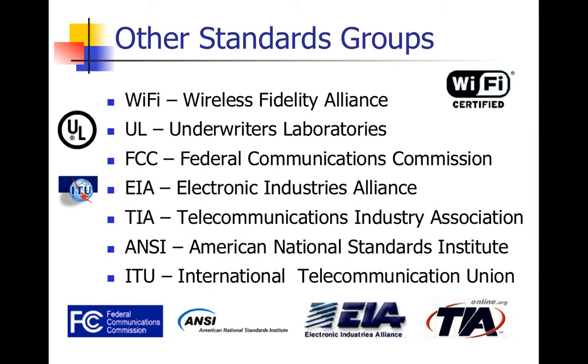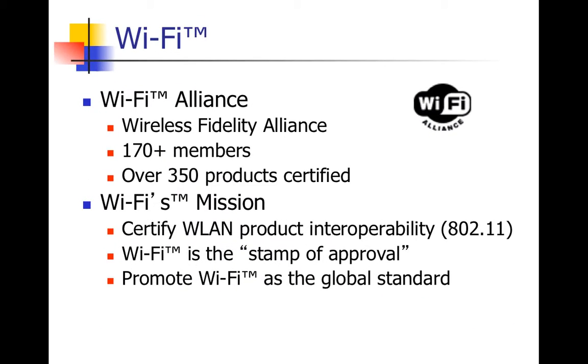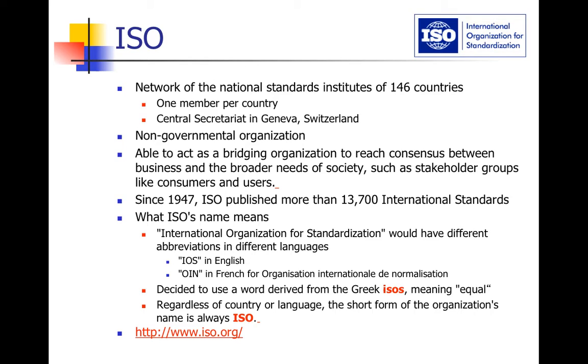There are other standard groups out there: Wi-Fi, UL, FCC, all these other standards that we will actually run into as we talk about different standards. This is probably the most common one. We are only interested in whether we have Wi-Fi or not, right? But this is what makes it possible for us to have that.